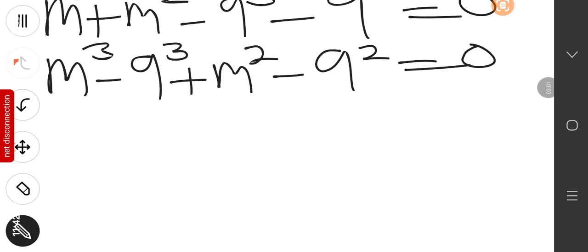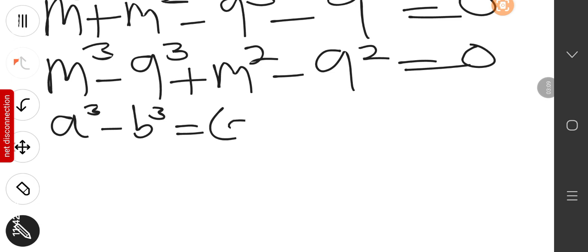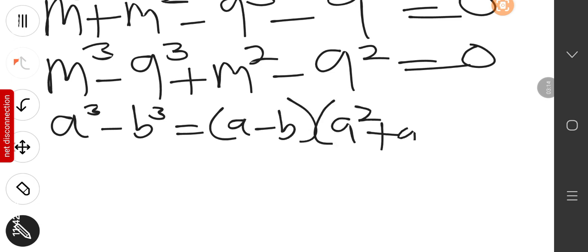Now let's apply the difference of cubes identity first. So it says that a cubed minus b cubed equals a minus b times a squared plus ab plus b squared.